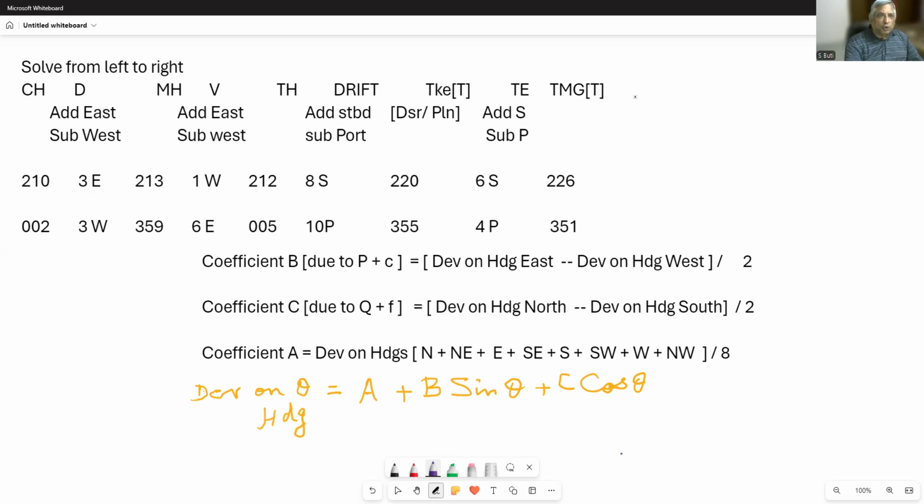What is known to you, the track, either true or magnetic? In this question, I have taken track true, which is marked on your maps. And please make sure, confirm whether it's track true or magnetic, which is called the desired track or the planned track, which you wish to fly.